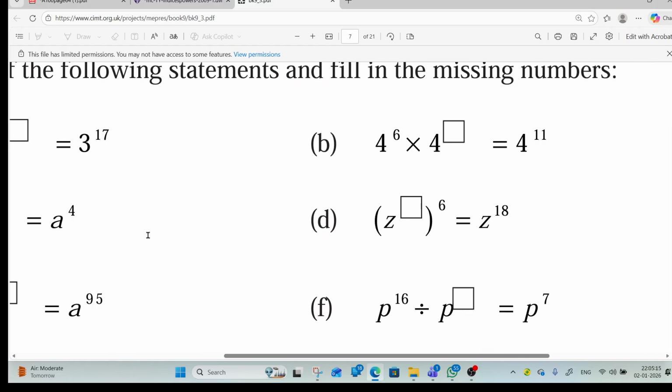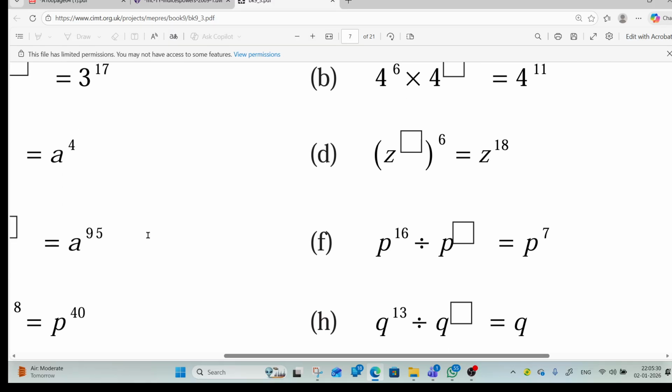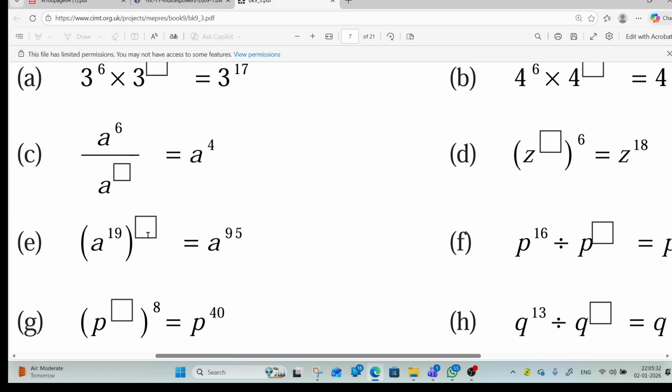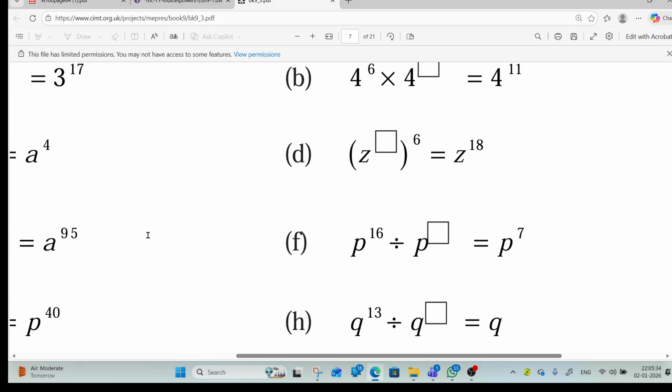Now we have to try this. D. What should I write here to make it 18? Because I know that rule that if I multiply these two, I should get 18, right? 3. Very good. What about this? This is in division, so I need to subtract the power. So 16 minus what is 7? That is the question.